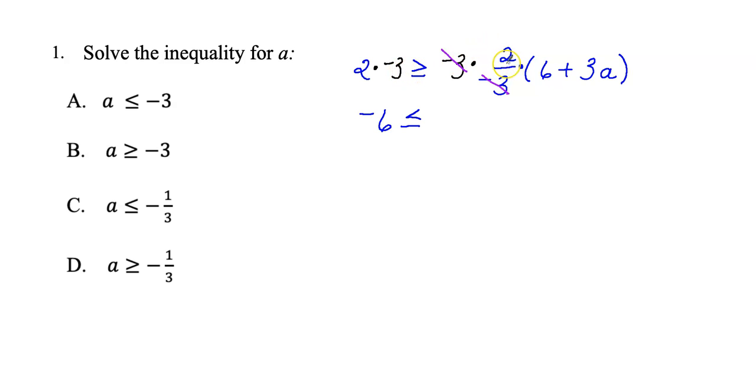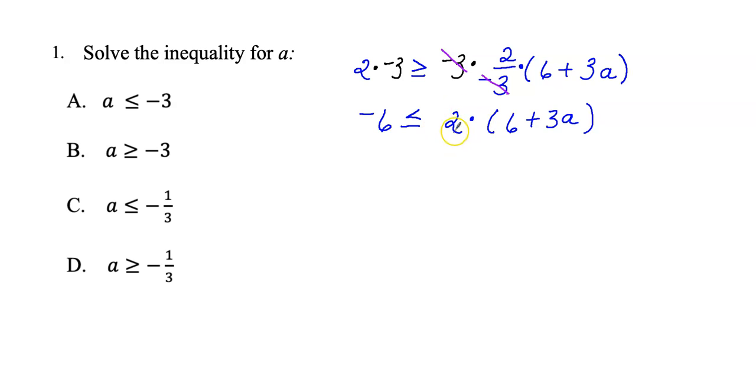Now the next step is to bring down your 2, bring down your times sign, and bring down this quantity 6 plus 3a. Now here's what I'm thinking. This whole quantity 6 plus 3a is multiplied by 2.